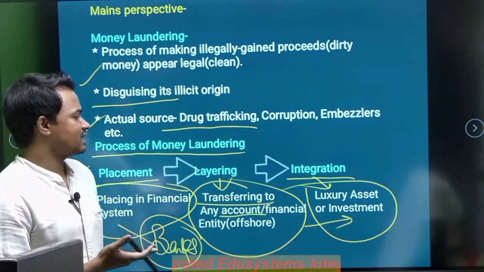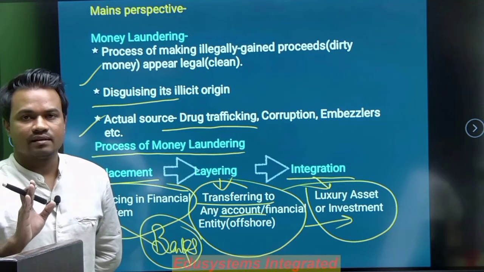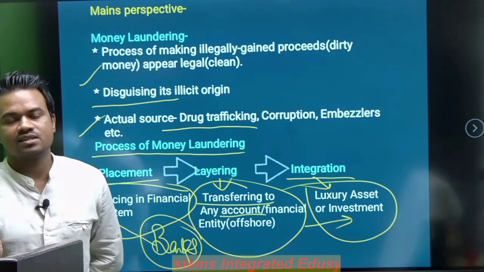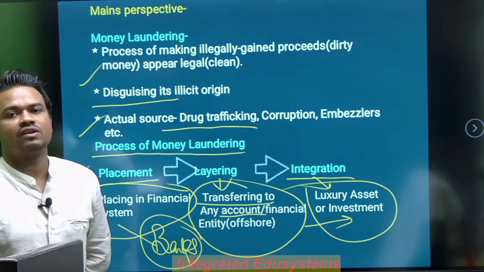So, these are the processes by which money laundering is undertaken.